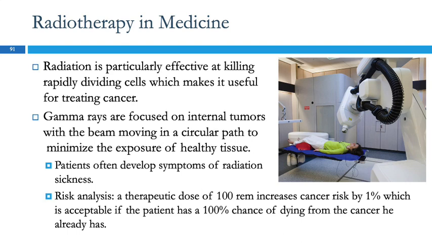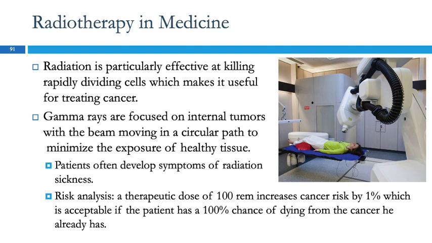So that's looking at detection or diagnosis. Radiation is also really good at killing cancer cells, because rapidly dividing cells like cancer cells are the most sensitive to this. The problem is, though, you shoot gamma rays into somebody's brain to get the tumor, and it's also going to damage the healthy tissue that it goes through.